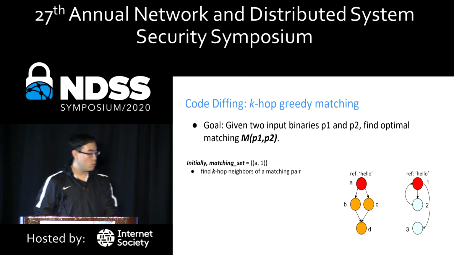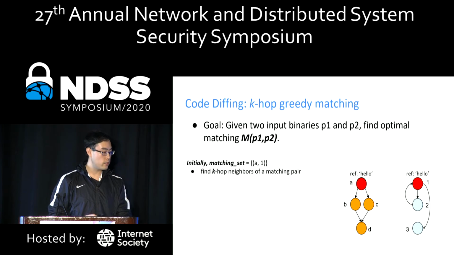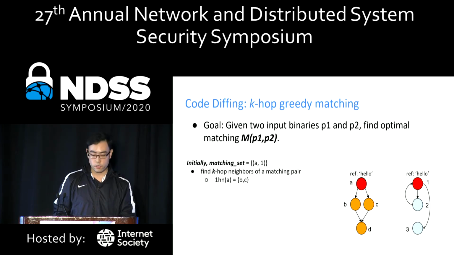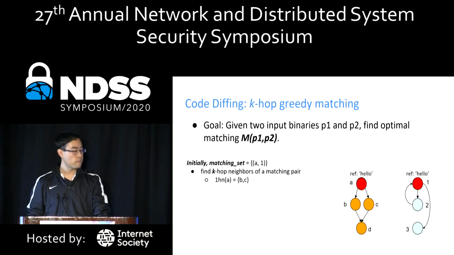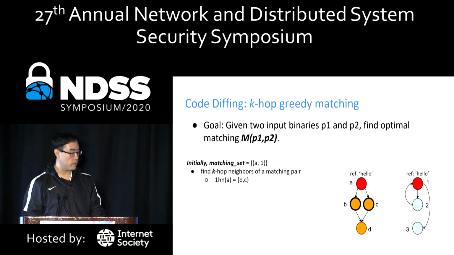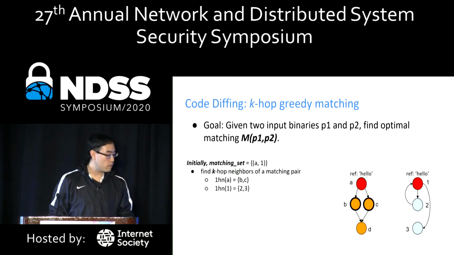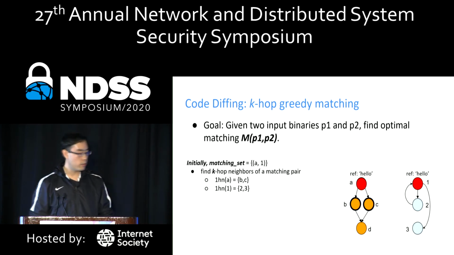And then we find k-hop neighbors for the matching pair. In this case, it's A and 1. Let's just use 1 for k. So the 1-hop neighbors of A are B and C, right there in the graph. And then we find the 1-hop neighbors of 1, that are 2 and 3.